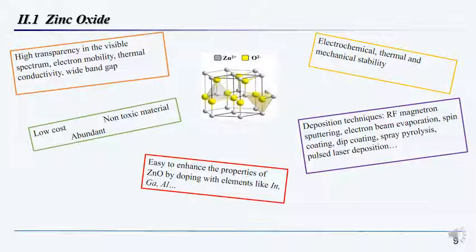In addition to being a low-cost, abundant, and non-toxic material, it also has remarkable electrochemical, thermal, and mechanical stability. The properties of ZnO could be easily enhanced by doping, and many deposition techniques are suitable for ZnO deposition, such as magnetron sputtering, electron beam evaporation, spin coating, dip coating, spray pyrolysis, pulsed laser deposition, and many more.